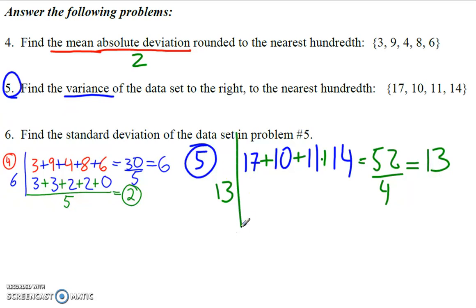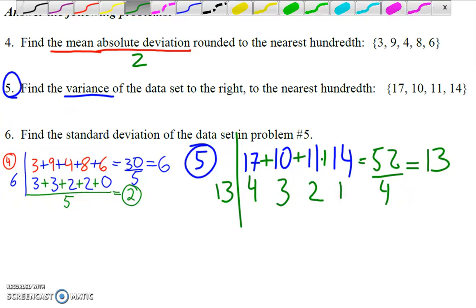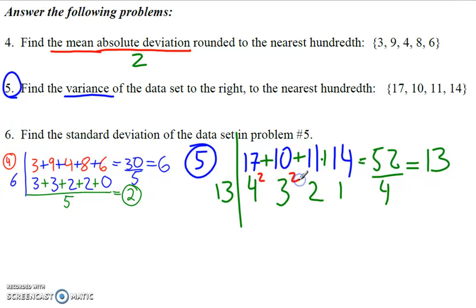We find the difference. So the difference to 13 is 4, to 10 is 3, to 11 is 2, and to 14 is 1. Now for the variance, we are going to square these values. So 4 squared is 16, 3 squared is 9, 2 squared is 4, 1 squared is 1.